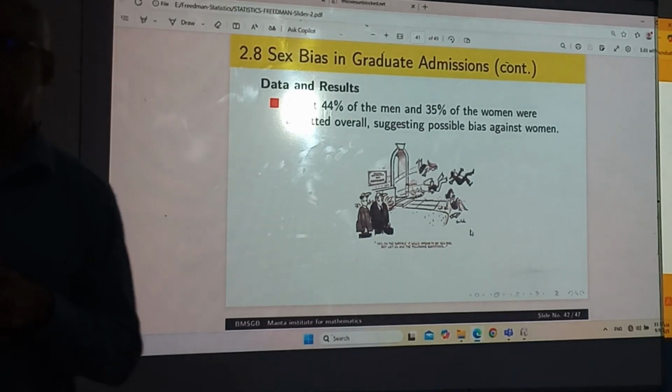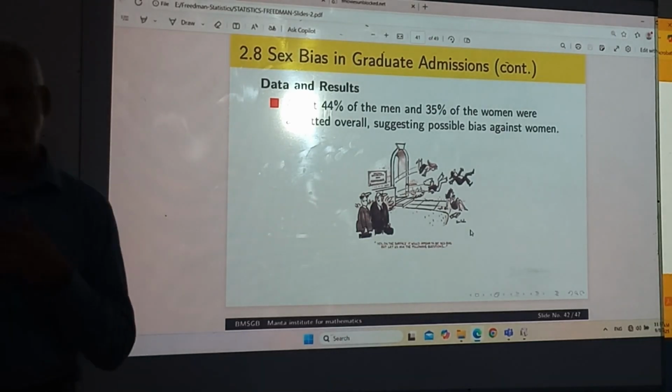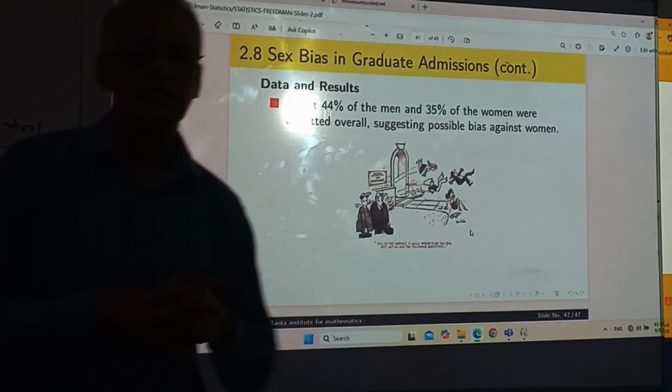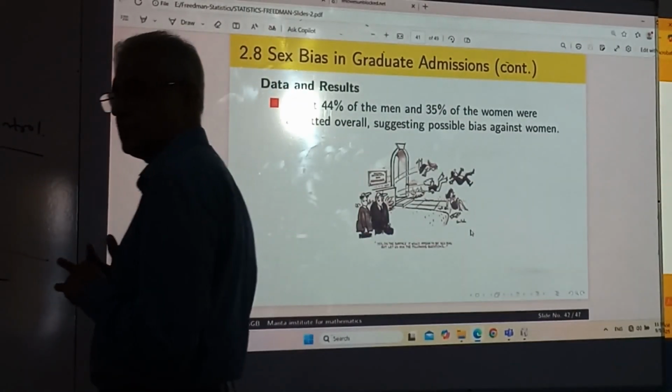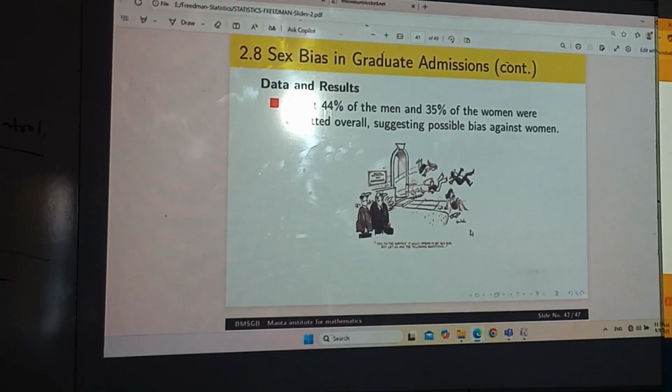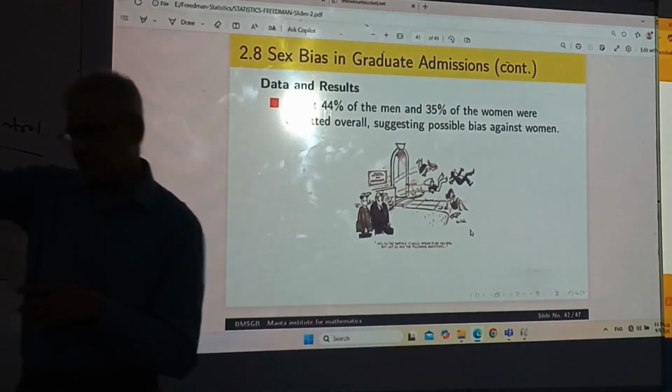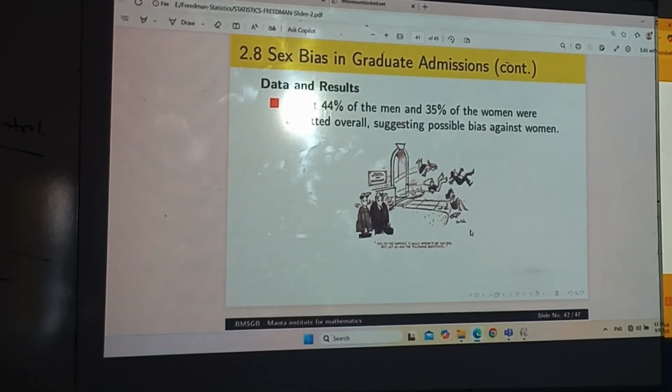That's why people initially believed that there was discrimination against women. There was a big gap, and the percentage for women was much lower than the percentage for men. So naturally, one may say there is some kind of discrimination against women, and it is apparent that ladies have been kicked out.